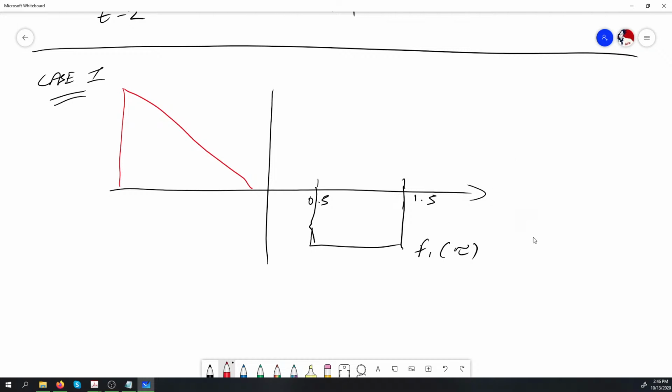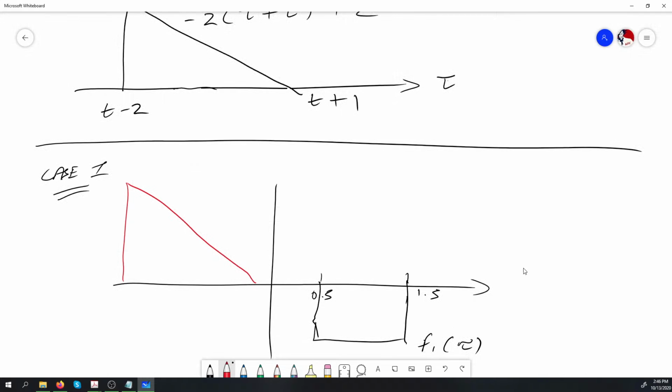For f2 of tau, it can be plus 1 and minus 2 here. f2 of minus tau.